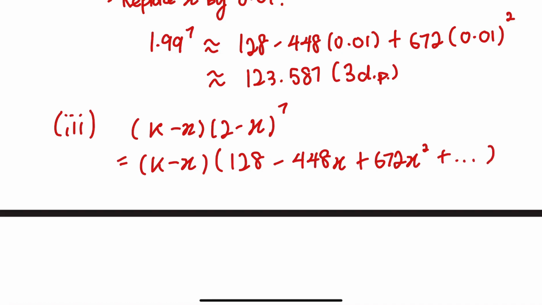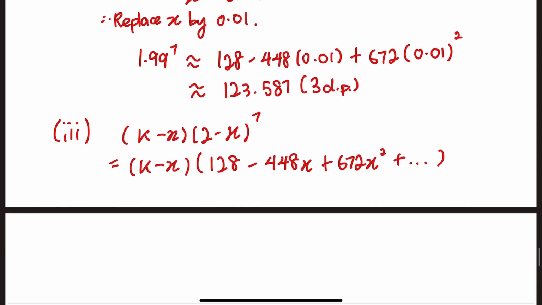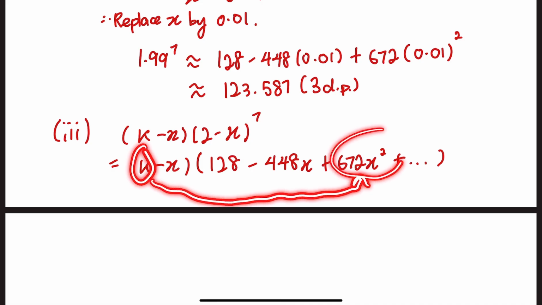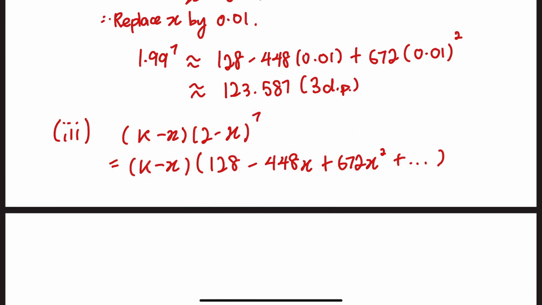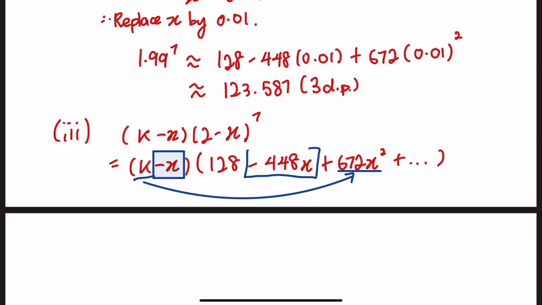Therefore, I want to find the coefficient of x squared. How do I get x squared term? It is very simply, this k here will have to multiply to this x squared term in this expansion, and this negative x must multiply to my x term here. And over here, negative x will have to multiply to negative 448x.